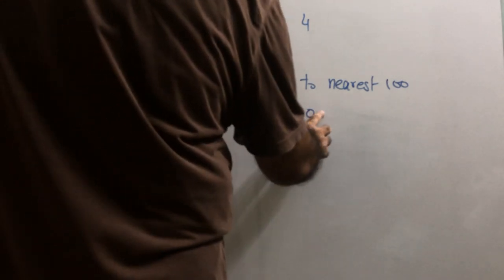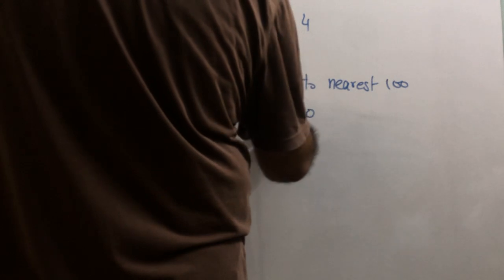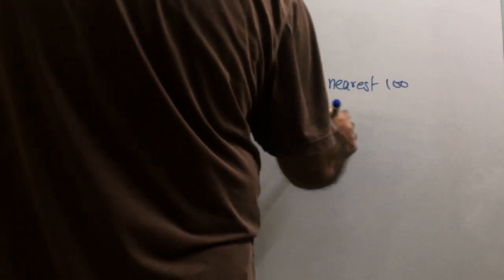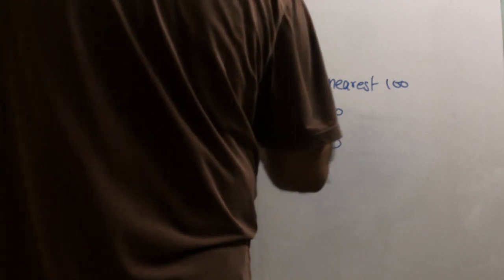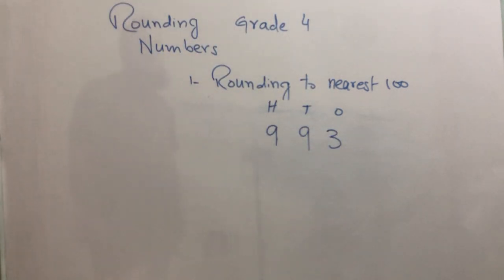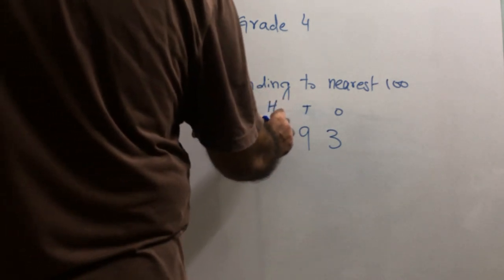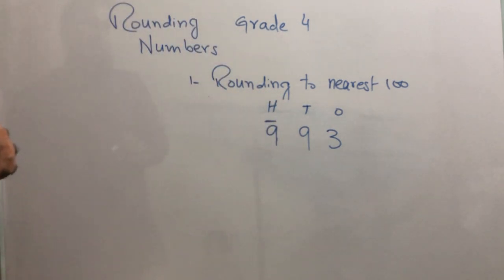So this is not a good example, I think. We will go for a bigger example. 993. Ones, tens, hundreds. We need to round to nearest 100. Hundred means this is the hundreds place. Keep some symbol here so that you keep in mind that you are rounding to nearest 100.